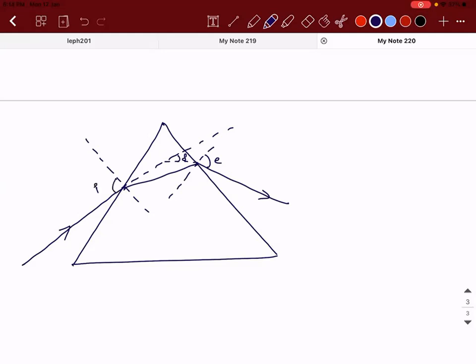See, this angle is I, this whole angle is also I, and this is R1. If this angle is E, this whole angle is E, and this is R2.